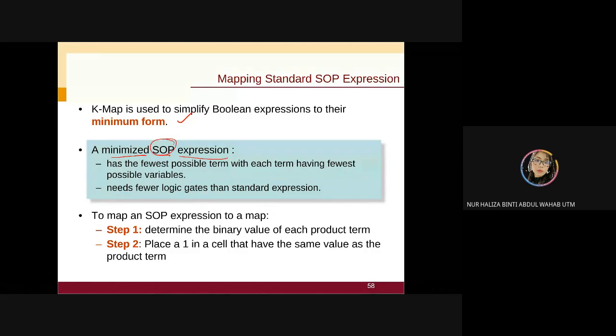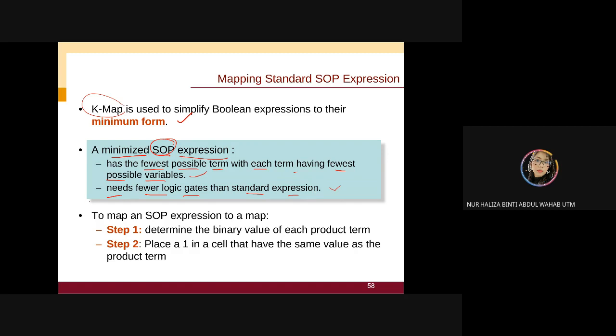This one is mentioned SOP. Has as few possible terms with each term having as few possible variables. You need fewer logic to get the standard expression. So this is all the objective why you need to use a KMAP. You're going to get very few logic circuits. Of course, you're going to reduce your cost and etc.